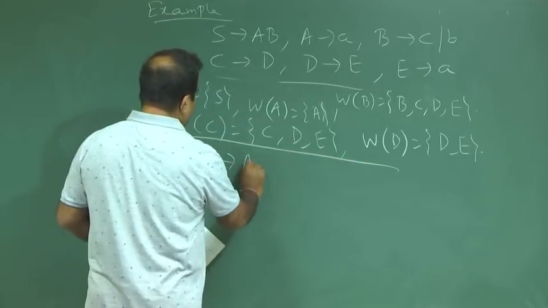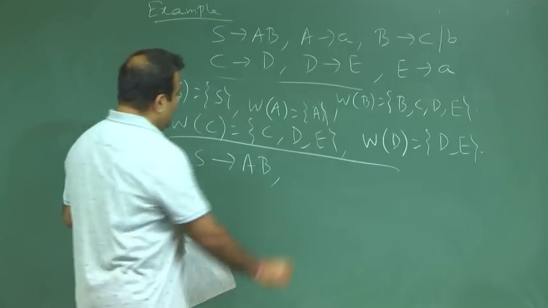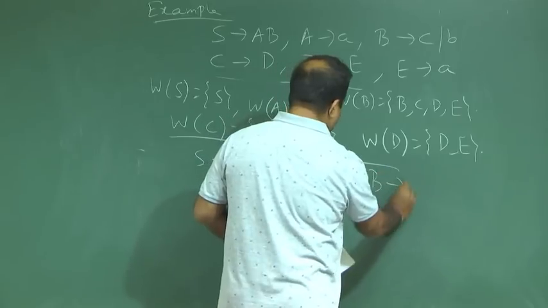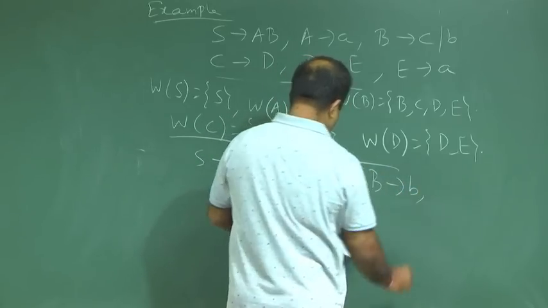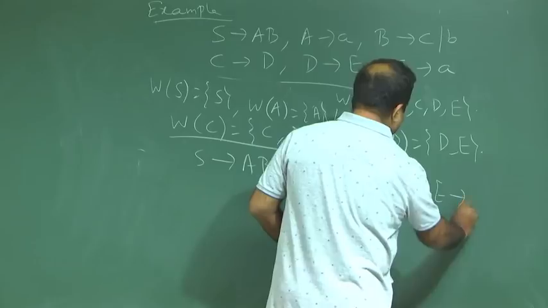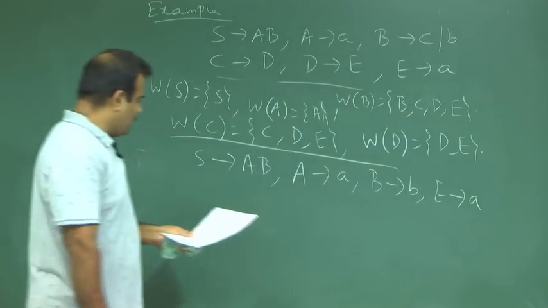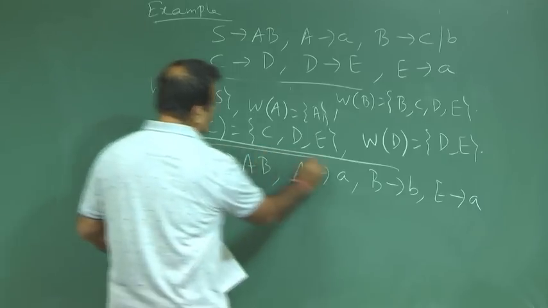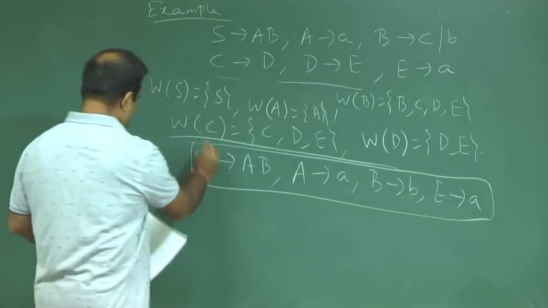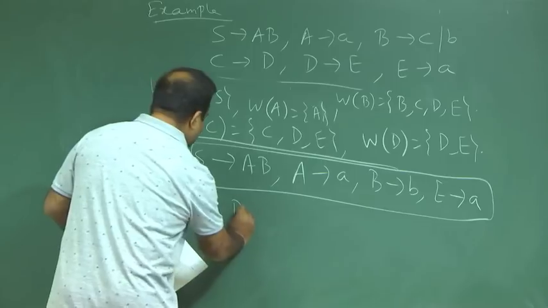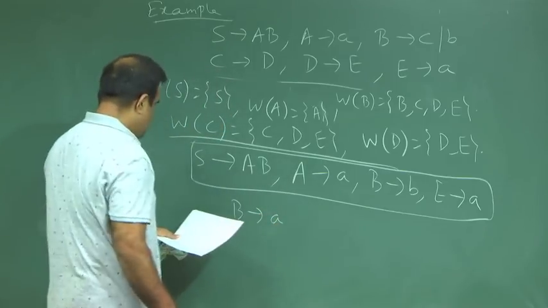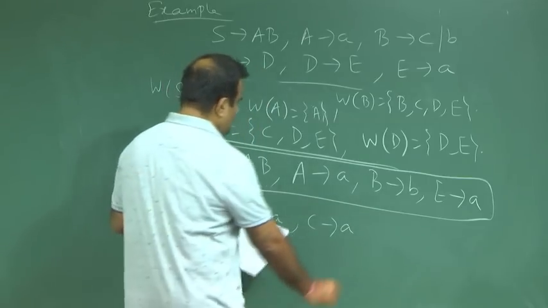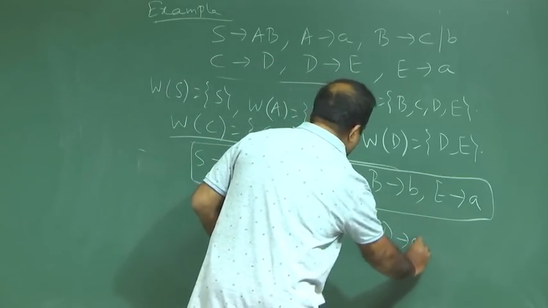S goes to AB, and A goes to A, B goes to B, E goes to A. These are the productions. Now, B goes to A, and C goes to A, D goes to A.